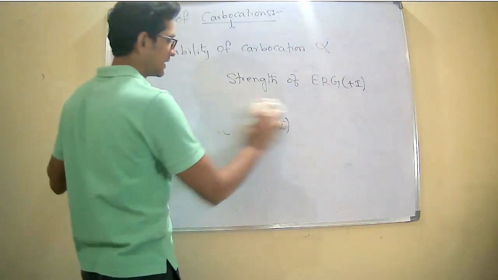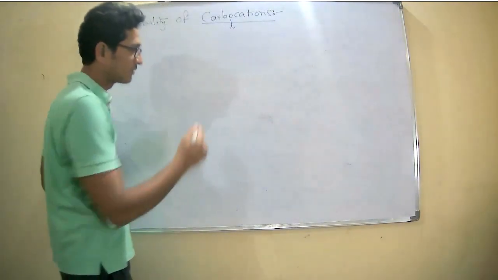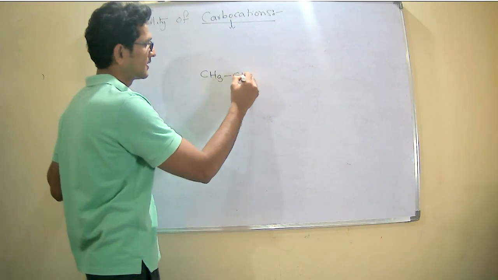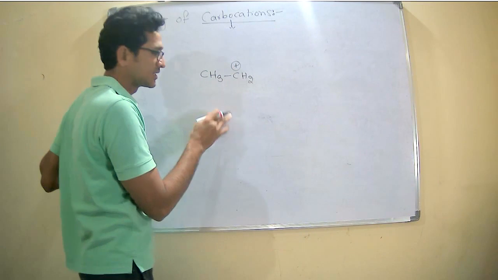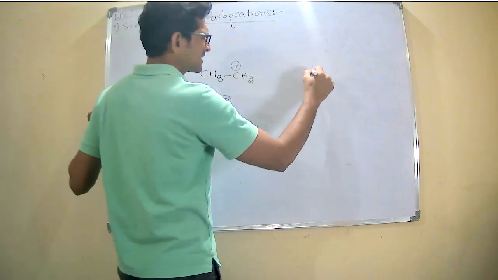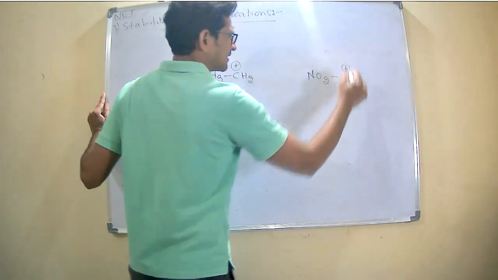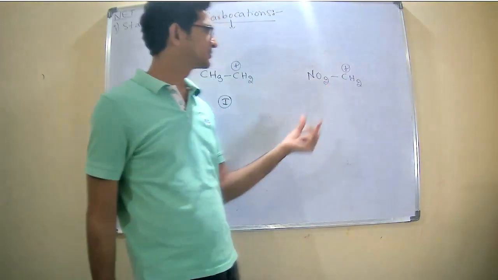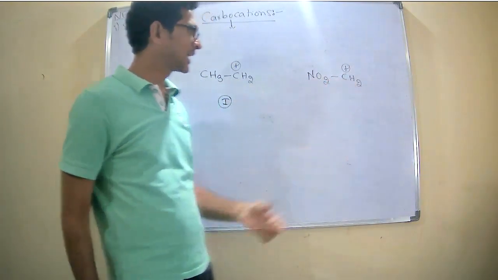I will give an example for it. CH3CH2+, which we discussed as the ethyl carbocation, is the first compound. The second one is the methyl carbocation having the NO2 group. This is a primary carbocation and this is also a primary carbocation.